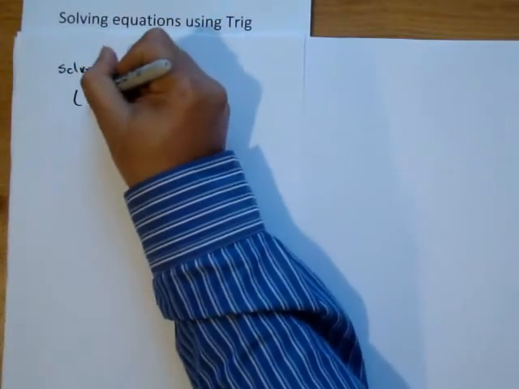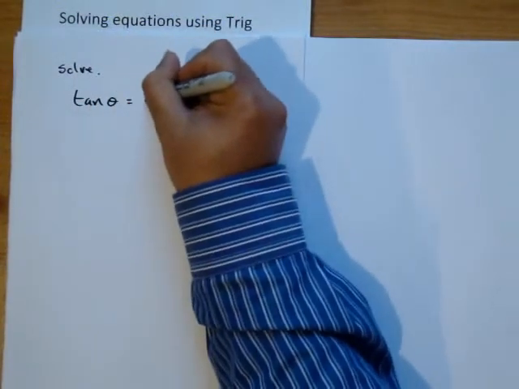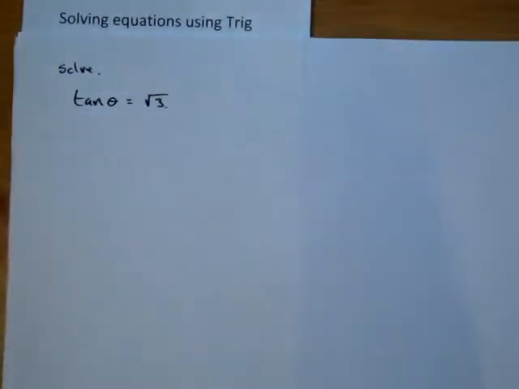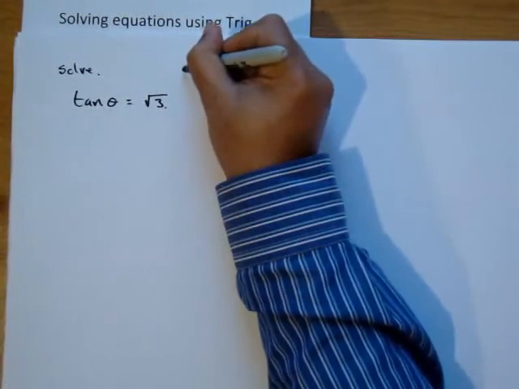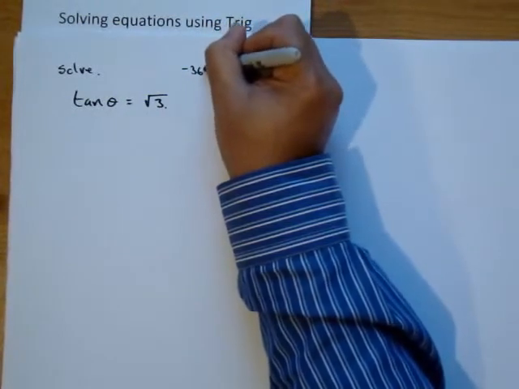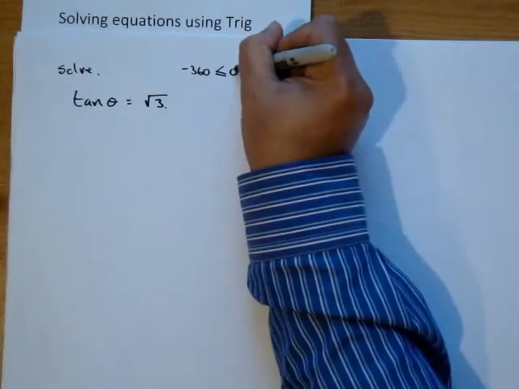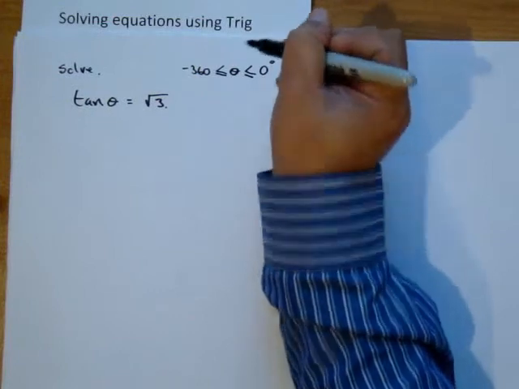Now, tan theta equals square root of 3. We're given a range as well, and the range is minus 360 degrees to 0 degrees.